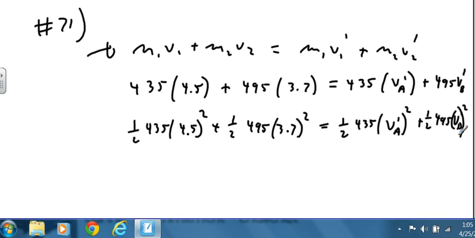And now I have two equations, two unknowns. So I'll go and take the first equation and rewrite it as 4.5 times 435 plus 3.7 times 495.